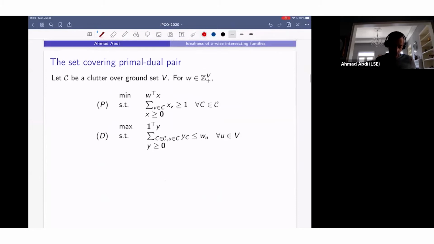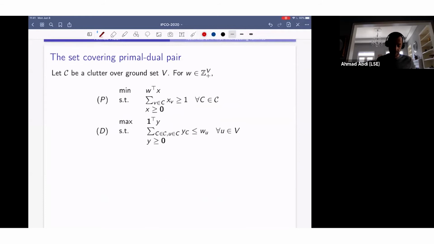Now let's look at the dual of the set covering linear program. The dual will be a maximization problem, a packing problem with congestion constraints. We'll have non-negative variables y assigned to all the members, subject to congestion constraints.